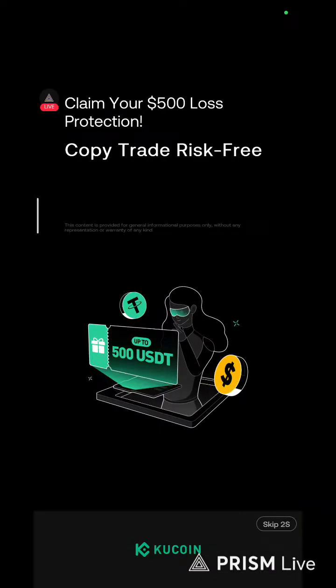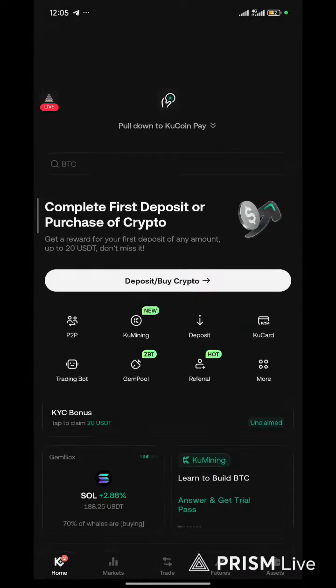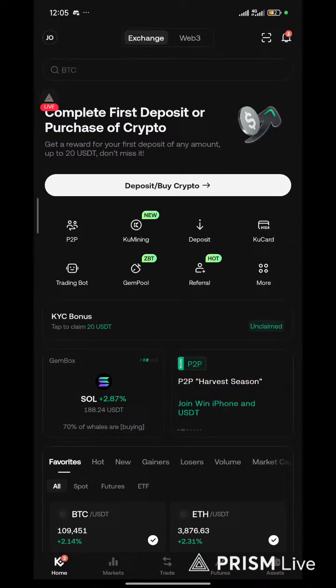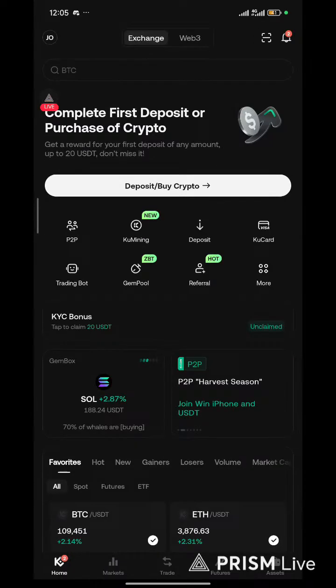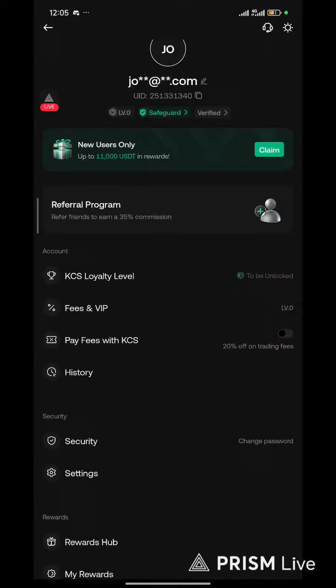This is the interface you see once you open your KuCoin app. Click on skip, let it load. I love using black mode, but it's your choice. You can decide to change it.